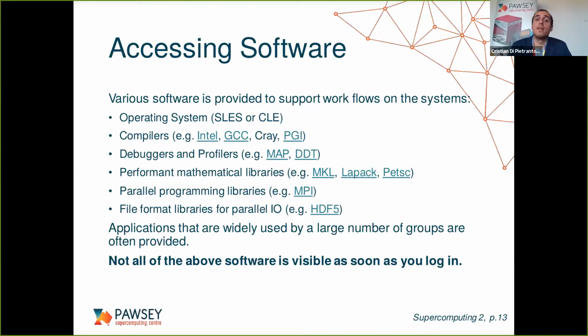For example, Magnus at Pawsey is a Cray supercomputer, and it comes with Cray compilers. Then we have debuggers and profilers to be used during development, as well as mathematical libraries that implement mathematical functions efficiently so that users don't have to. Of course, we have parallel programming libraries that we have mentioned just now, OpenMP and MPI, for example, to allow distributed programs to be executed and to take advantage of all resources.